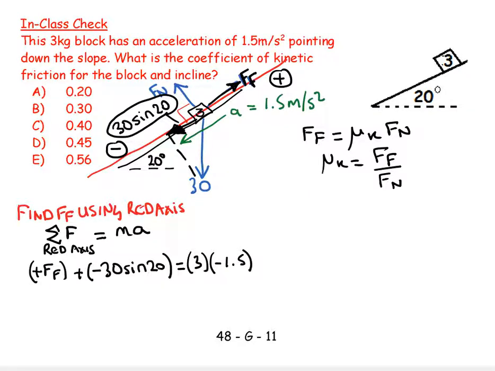Notice, I said the acceleration is 1.5 meters per second squared pointing down the slope. I'm giving you a vector. I'm not telling you it's a vector, but I'm giving you a vector.